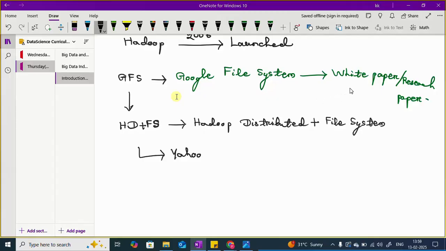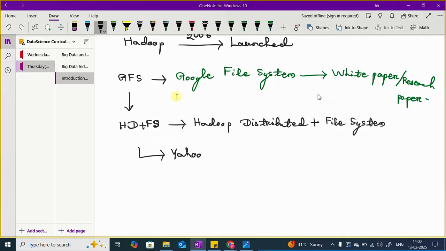Whenever they introduced this white paper or research paper, in that seminar itself, there were certain people from Yahoo who also attended, and those people are very smart. They went through the research paper, tried to figure it out, and tried to build their own file system. After 2 or 3 years, they officially launched another file system called Hadoop distributed file system, which is super intelligent and far better than GFS.